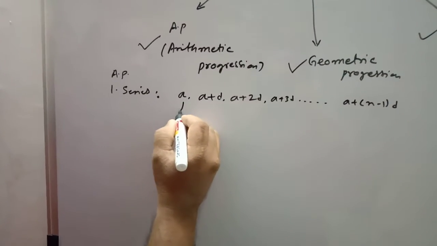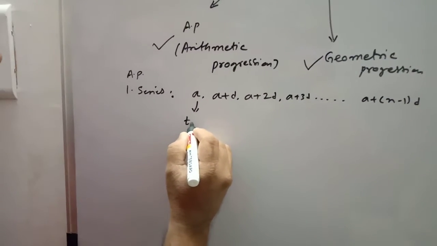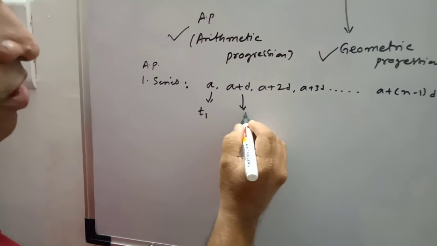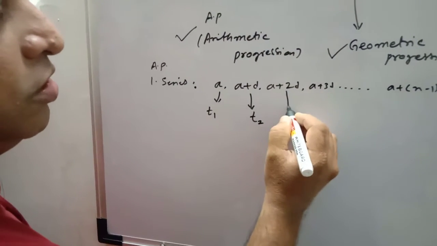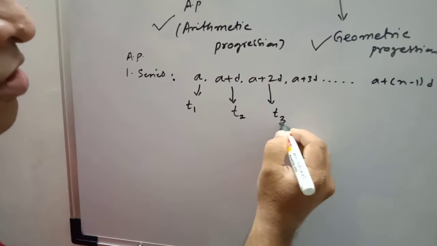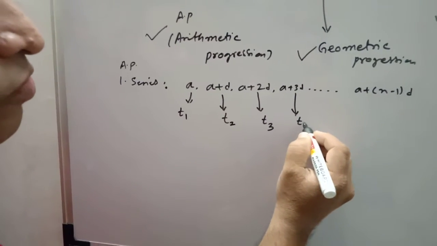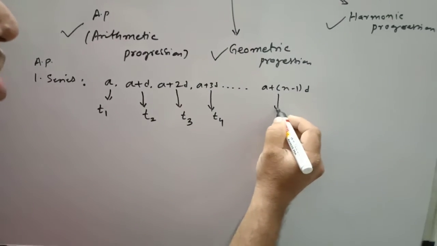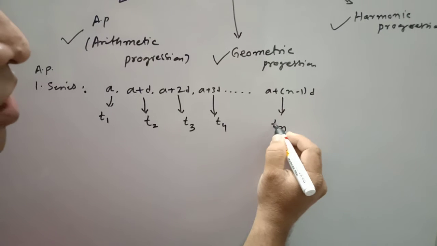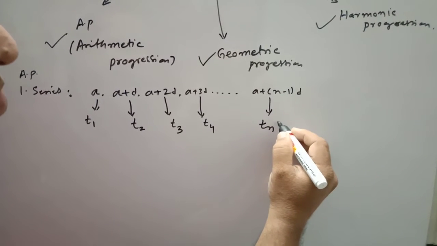This is called term 1, T1. This is term 2. This is term 3. This is term 4. And this is the nth term, Tn.